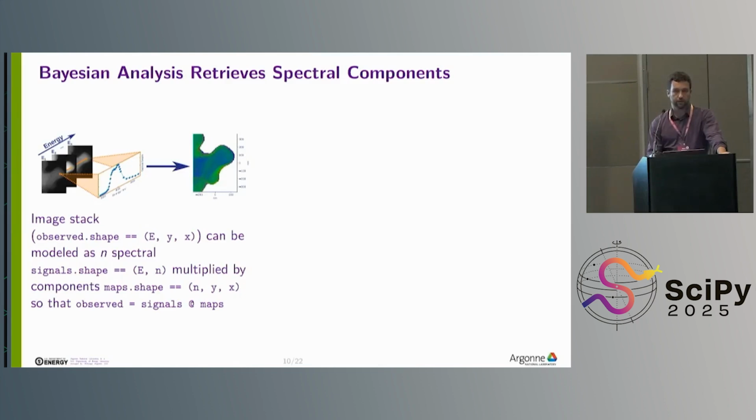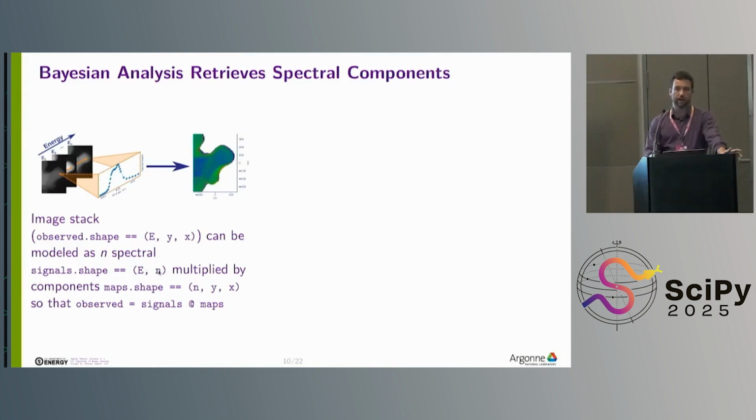This is building a little bit on Anna's presentation from this morning, but if we take this set of spectra now, we want to get out some sort of signal that is meaningful to us. So we can kind of model this as if we had a set of signals.